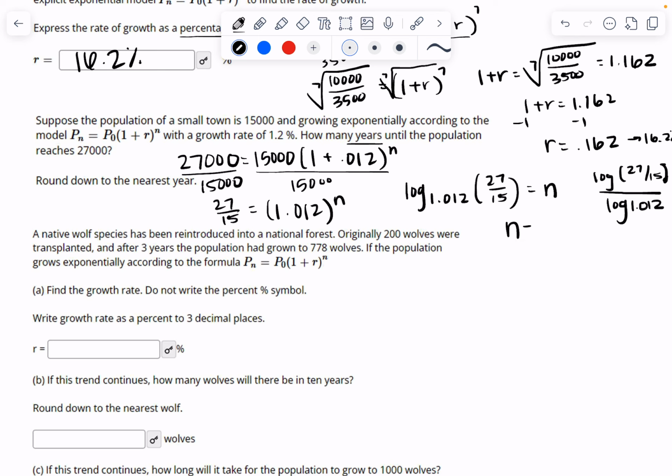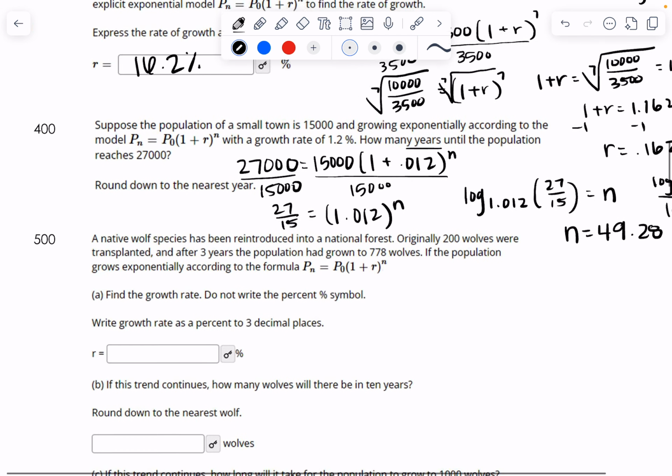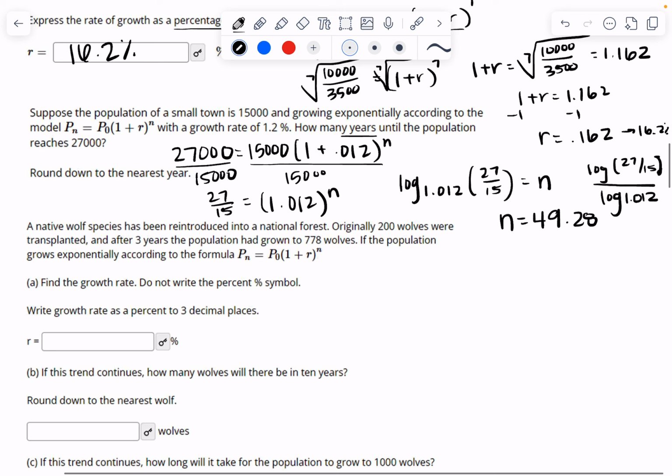Okay, and I got n equals 49.28. So if it's asking us to round down to the nearest year, it would just be 49.